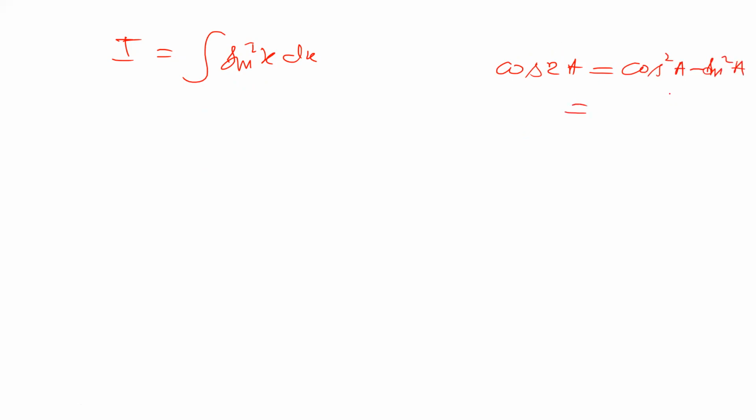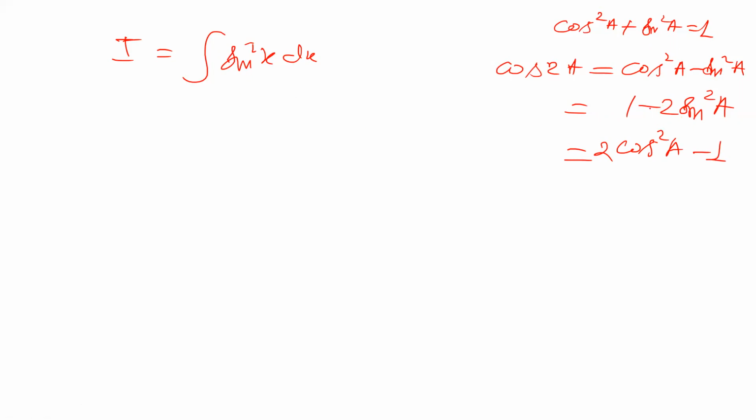Using cos square a plus sin square a equal to 1, we can write cos 2a in terms of sin only: 1 minus 2 sin square a. Similarly, in terms of cos only: 2 cos square a minus 1.